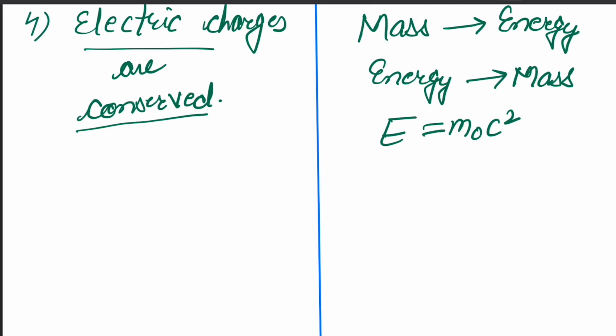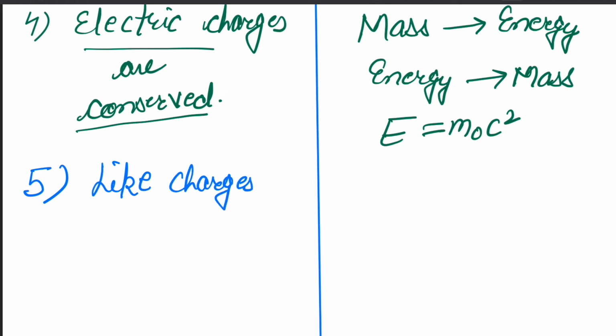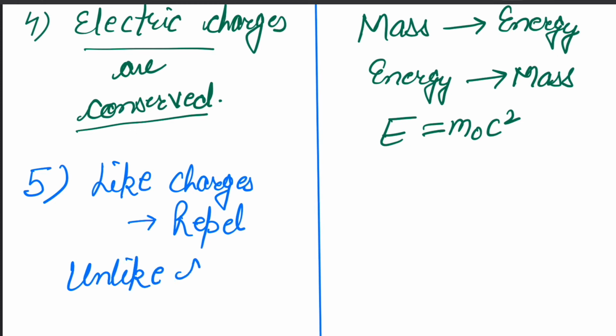The next important difference between the charges and the masses is that if you have like charges, means either positive positive or the negative negative, they will repel each other. And if you have unlike charges, means one charge is positive and another charge is negative, then they will attract each other.